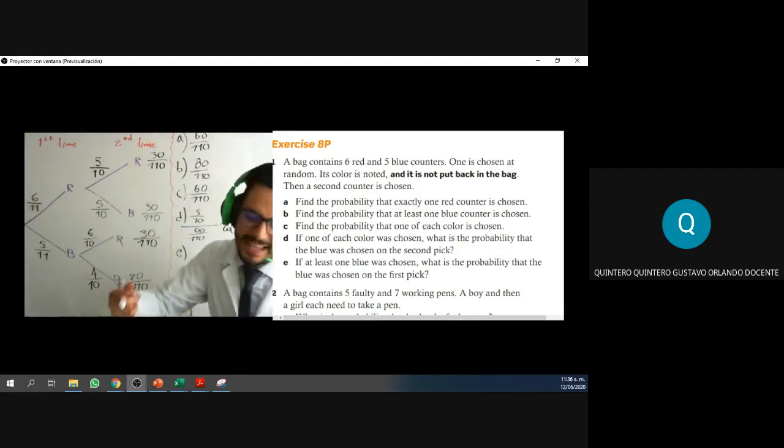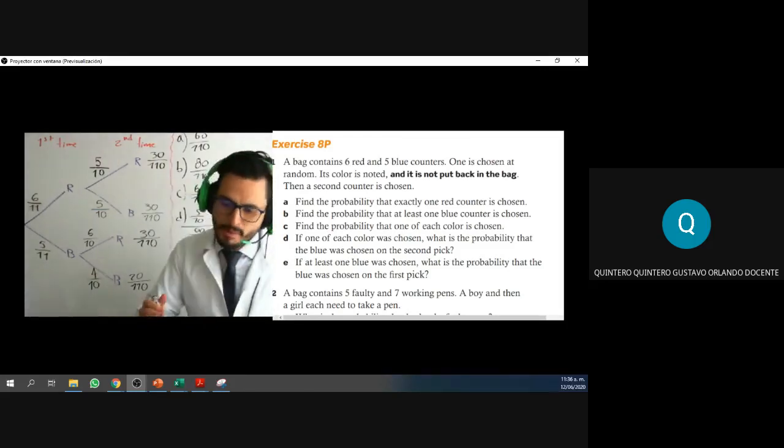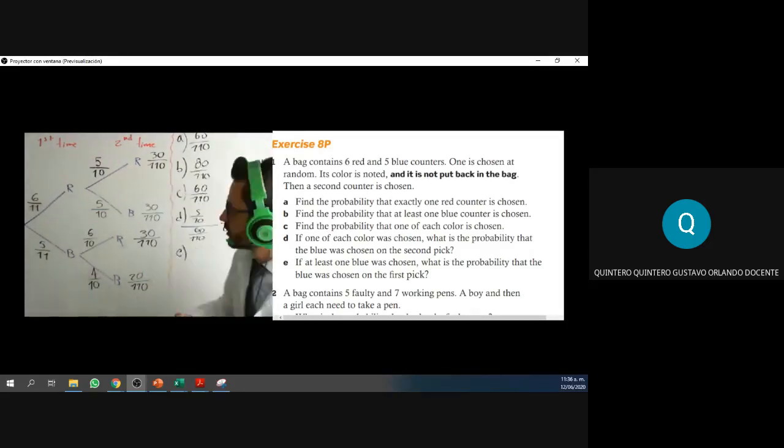Lightning round. E. If at least one blue was chosen, so this option, right? This is at least one blue. What is the probability that the blue was chosen on the first pick?